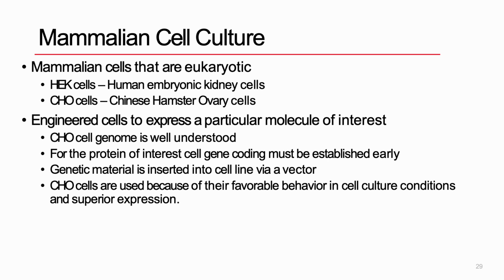For the protein of interest, the cell gene coding must be established early, and the genetic material is then inserted into the cell line via a vector. Now, CHO cells are used because of their favorable behavior in cell culture conditions and superior expression of the inserted gene.